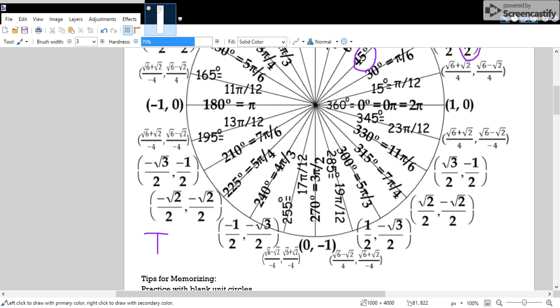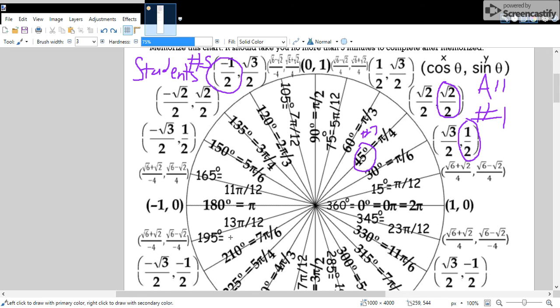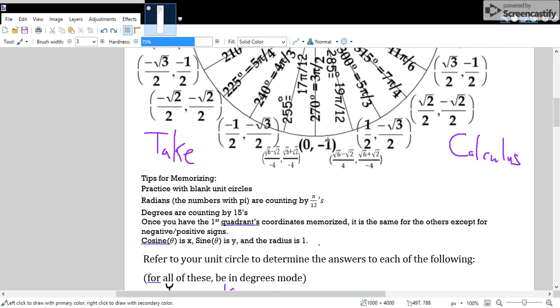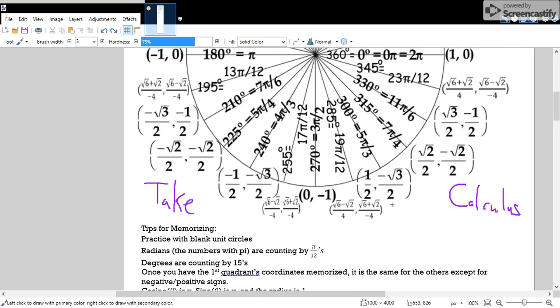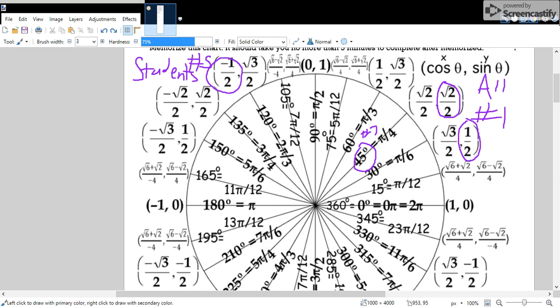T, take, that's where tangent's positive, which we won't talk about today. And then C, calculus. That's where cosine's positive. And of course, you can use a different acronym to help you remember this, like all students take calculus, or something. Be creative.